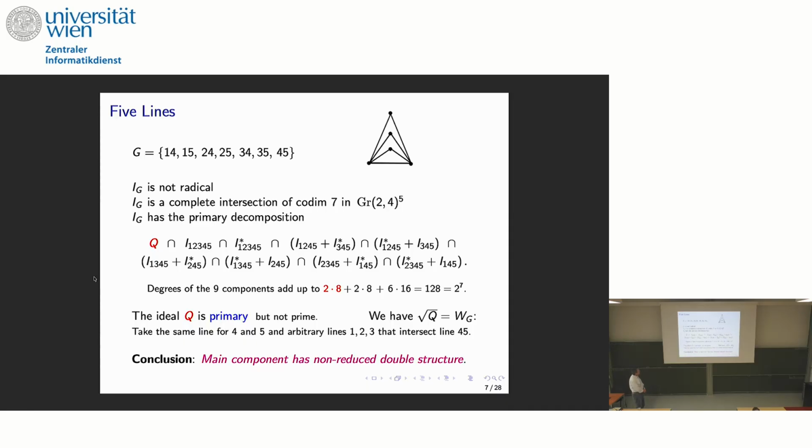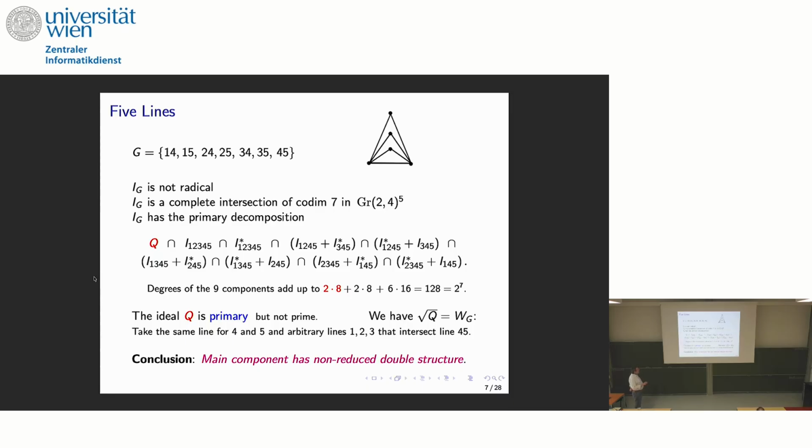This ideal Q is a primary ideal, but it's not prime. What's interesting about this example is that the radical of Q is actually W_G. The W_G is the strict realization variety. It's here. So all of these are not strict. If you go through this list and look at what they mean, each of these 8 components has an undesired edge, a non-edge, becoming also collinear.